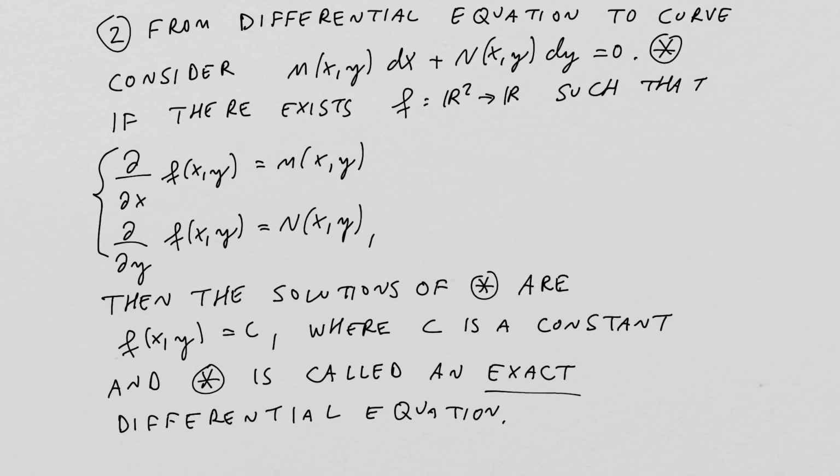Now let's start from the other direction. What if we are given this kind of equation? Well, if there exists some function f that we can express m and n as partial derivatives, then the solutions of this equation are of this form. And the equation is called an exact differential equation.